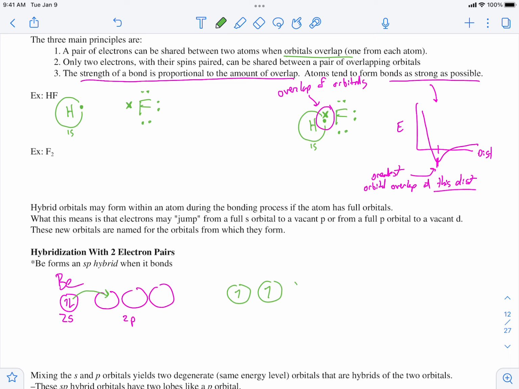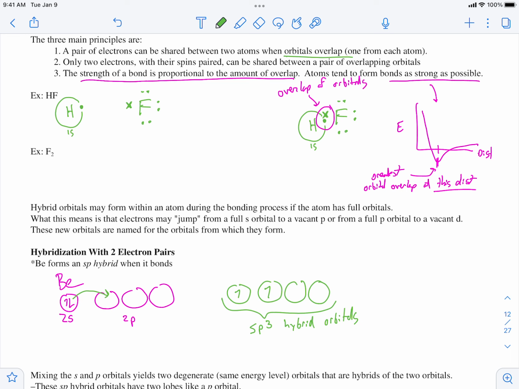And the result is this. We now have averaged the s and p sublevels, and these are now what we call sp3 hybrid orbitals. There were only two electrons to work with, so one of them moved.